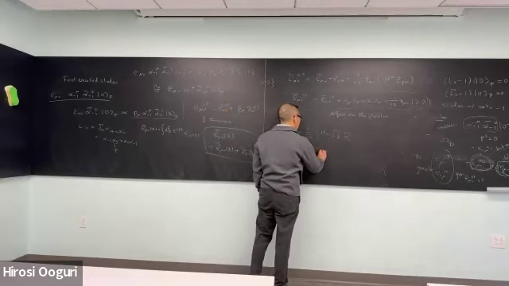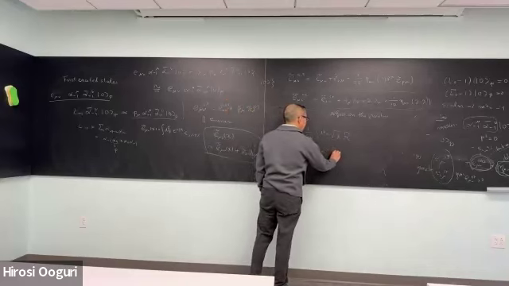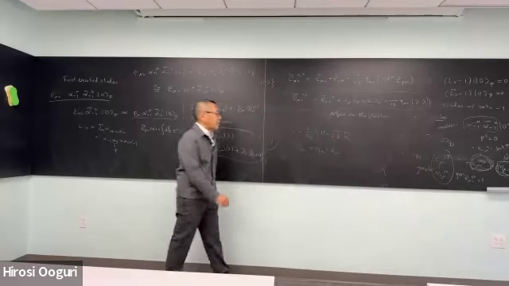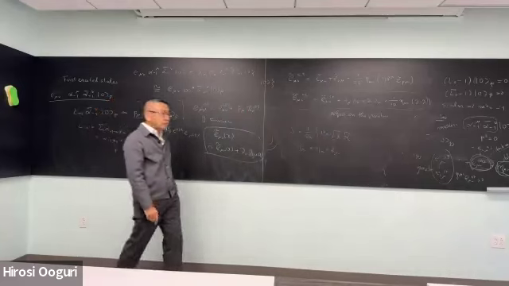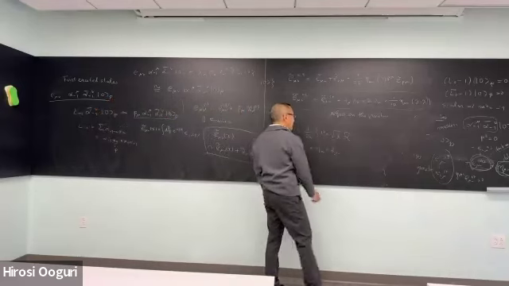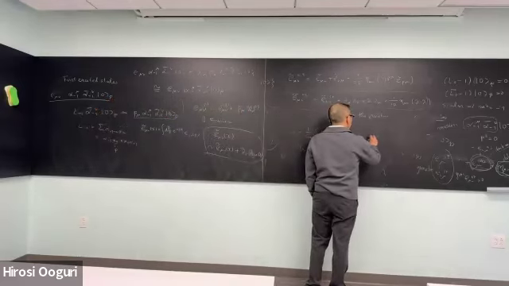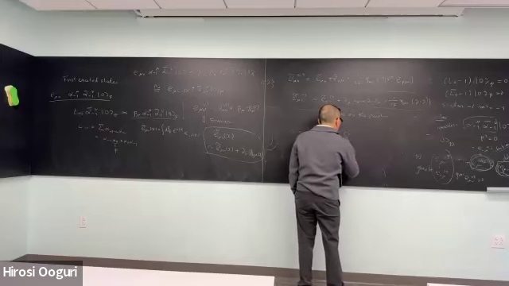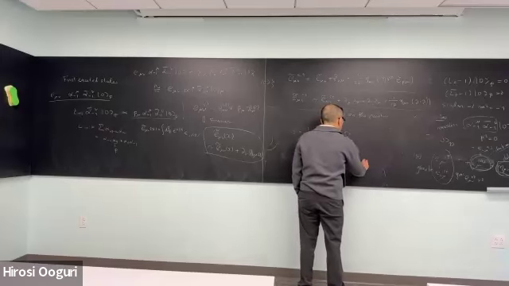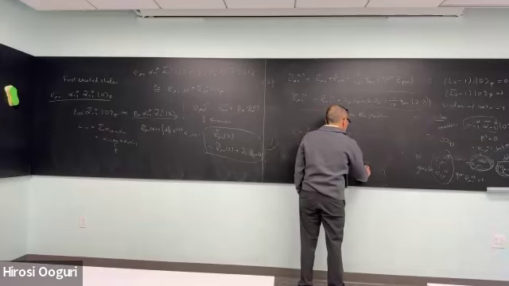You perturb this metric around flat space with small h mu nu, and then write down the equation of motion for h mu nu. So in the appropriate gauge, h mu nu is a massless symmetric traceless tensor.